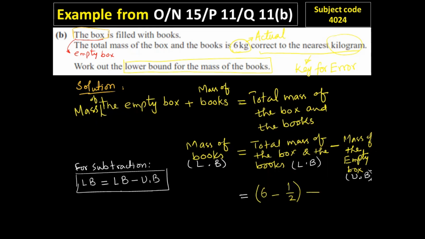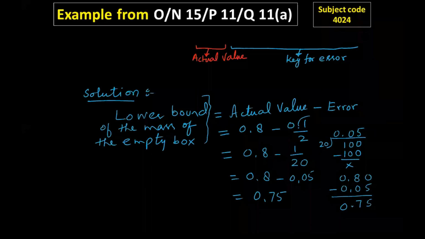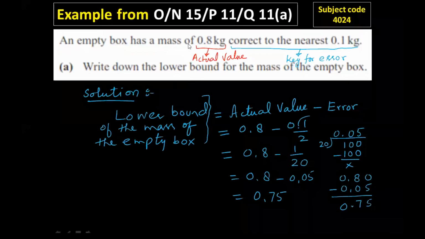You have to take the upper bound of the mass of the empty box, from part A. The mass of the box in part A was 0.8, correct to the nearest kilogram.